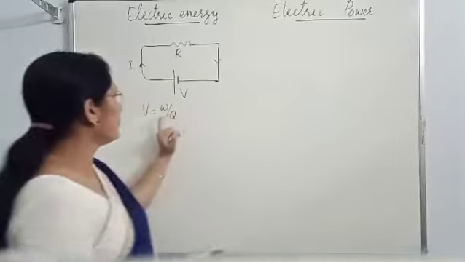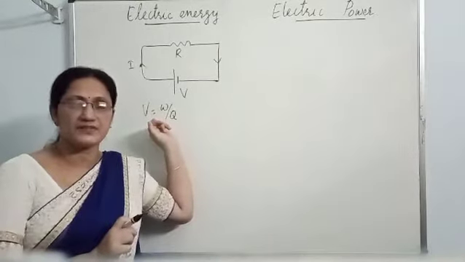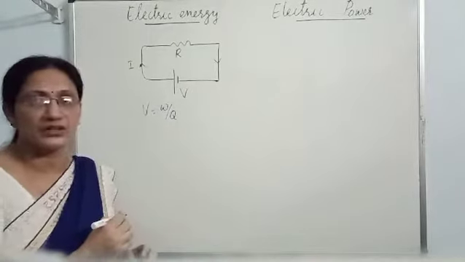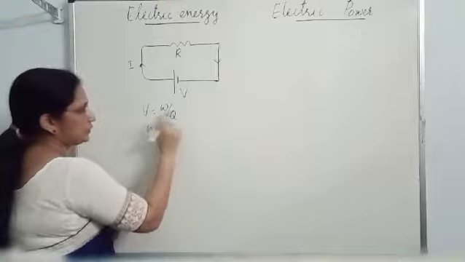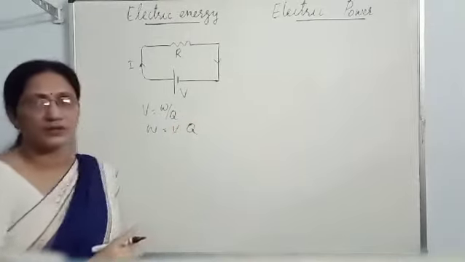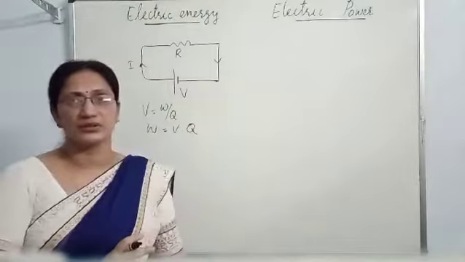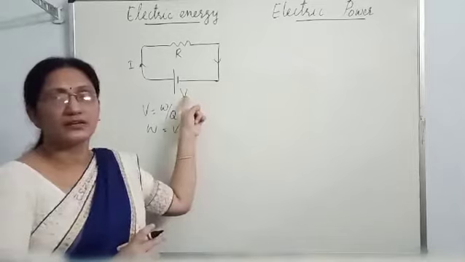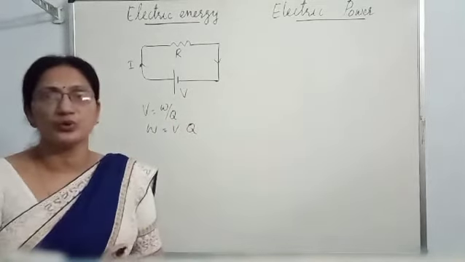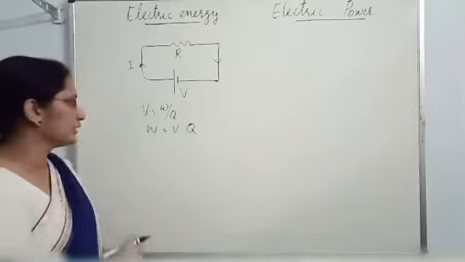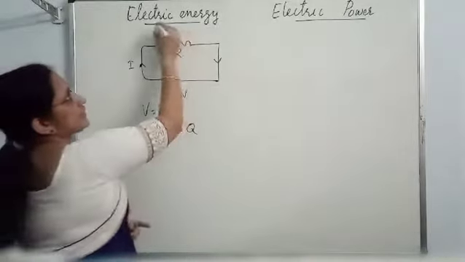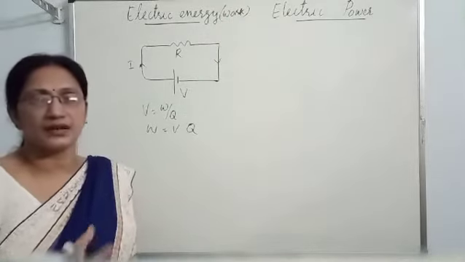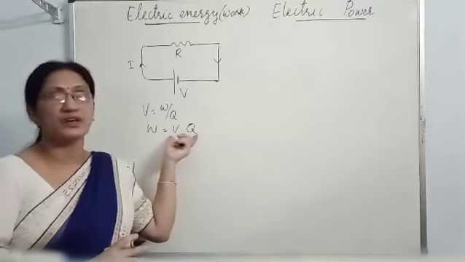From this you can make a formula for electric work or electric energy: W is equal to V into Q. Electric work done in this circuit is V into Q, the potential difference of the cell into the charge moving. So this is the formula to find out electric energy or electric work. Both are the same, electric energy and electric work. Formula is V into Q.